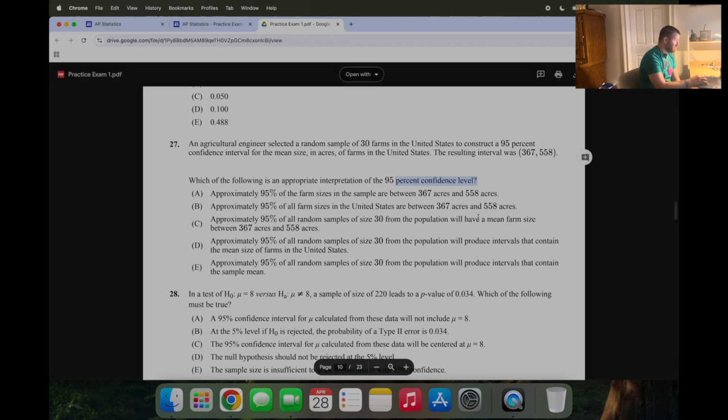D is the correct answer here because it says that contain the mean size of all farms in the United States. If you notice, E says the sample mean. Well, the sample mean is my starting point. 100% of intervals will contain the sample mean.